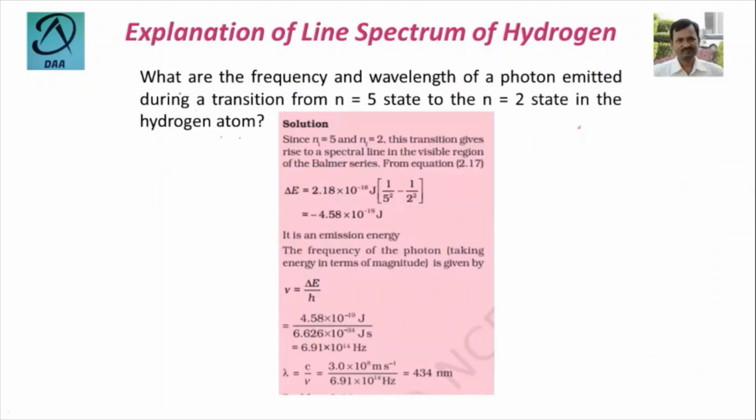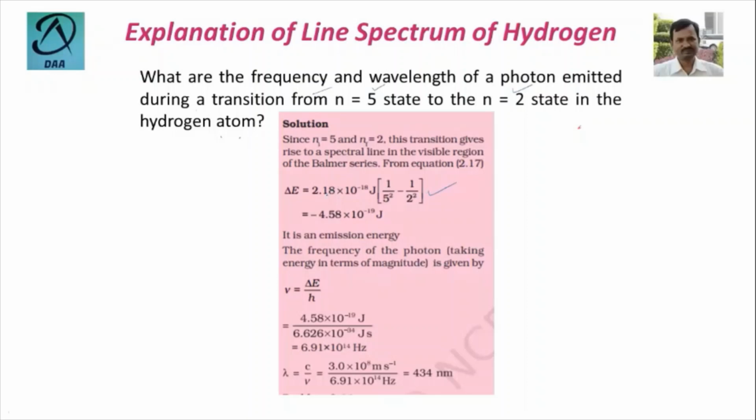Let's calculate some problems. One problem is: what is the frequency and wavelength of a photon emitted during transition from n equal to 5 state to n equal to 2 state? Just in my previous slide, I calculated this. So we'll take the help of this equation.